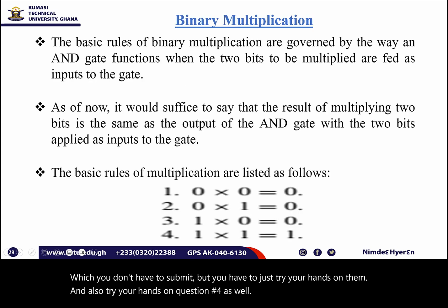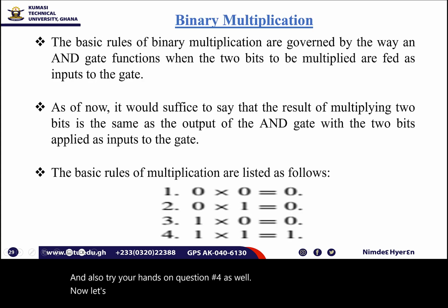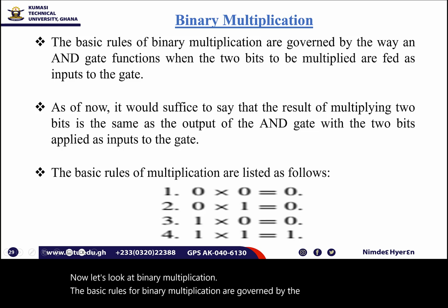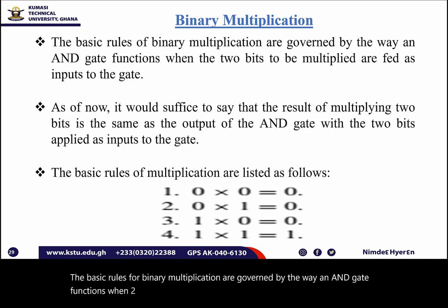Now, let's look at binary multiplication. The basic rules for binary multiplication are governed by the way an AND gate functions when 2 bits to be multiplied are fed as the inputs of the gate.